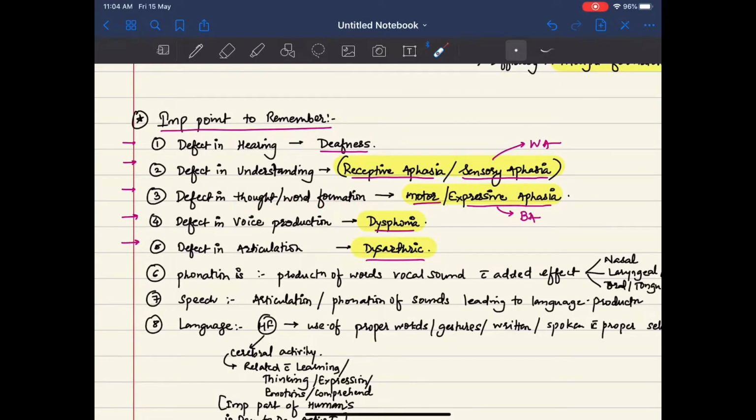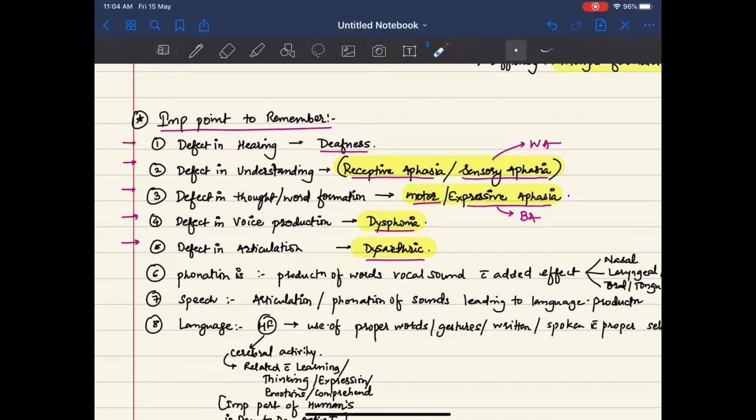As we have seen, thought and word formation defect is nothing but motor or expressive aphasia. Defect in voice production is dysphonia. Defect in articulation is dysarthria. So these are the basic terminologies which must be known by every student so that you can understand.